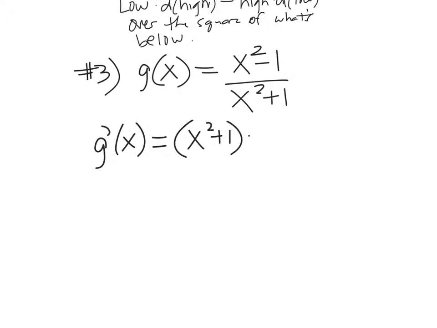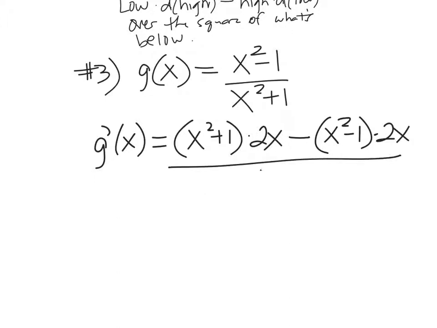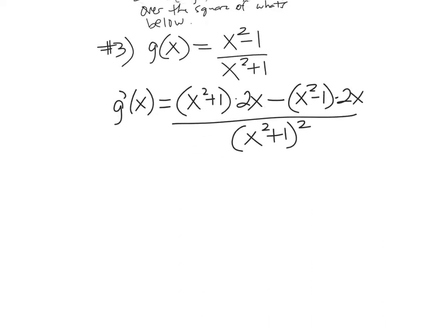What's the derivative of the top? 2x. Good. Low d high minus high d low. So high is x squared minus 1 times the derivative of the bottom, which is 2x, over the square of what's below. So you have to take the entire below and square it.